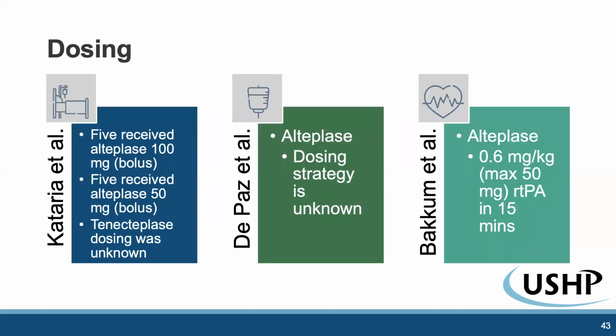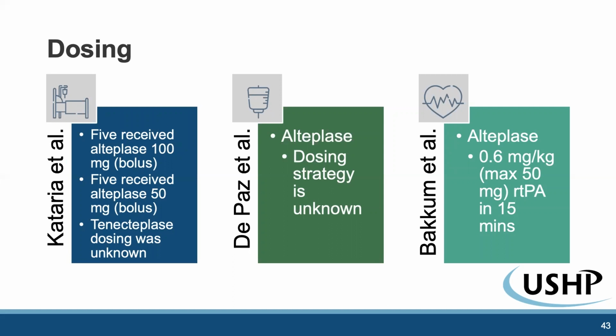And then when looking at the other studies, it also continues to highlight the bolus dosing for alteplase, in which we also see that 50 milligram bolus dosing as well. But then we also come across a few instances in which studies either did not highlight the tenecteplase dosing that was utilized, such as in the Kataria and researchers, or in which the alteplase dosing strategy was unknown.